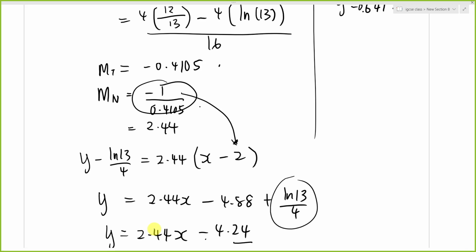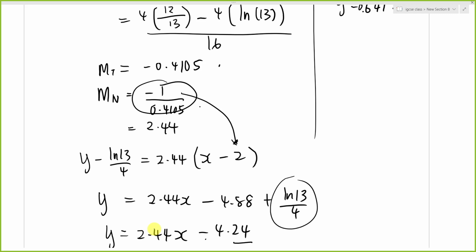One more time: 1 over 0.4105 times negative 2 plus ln 13 over 4.